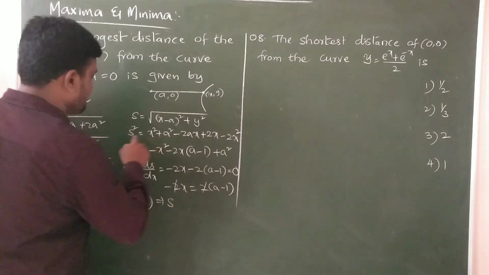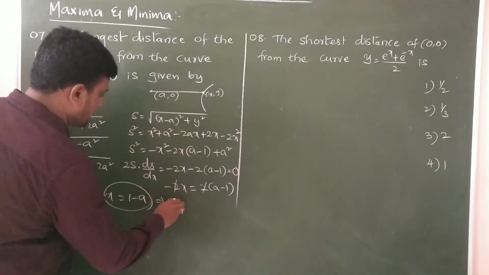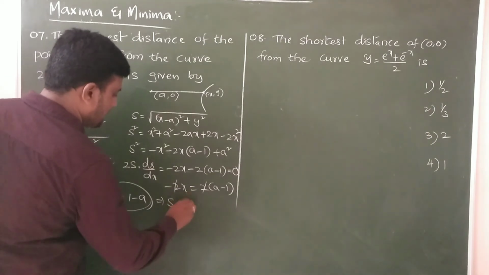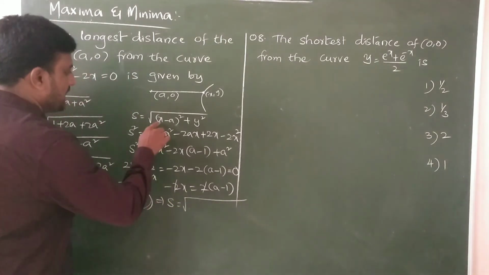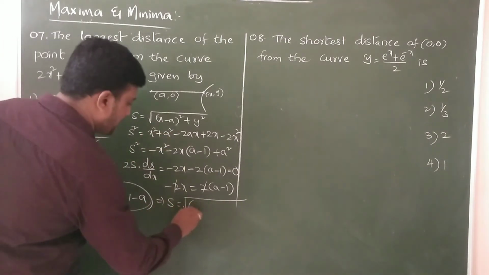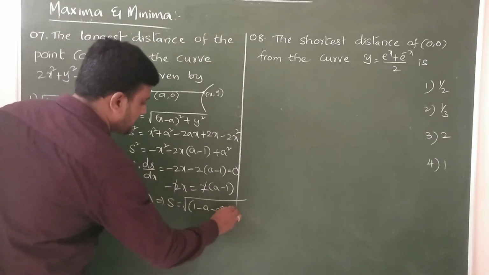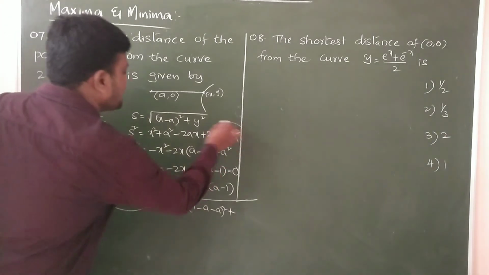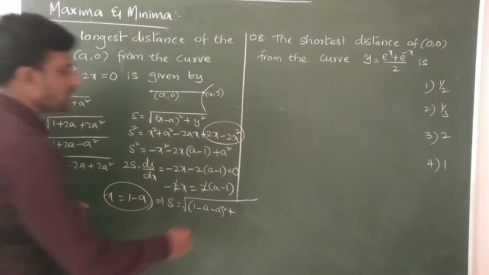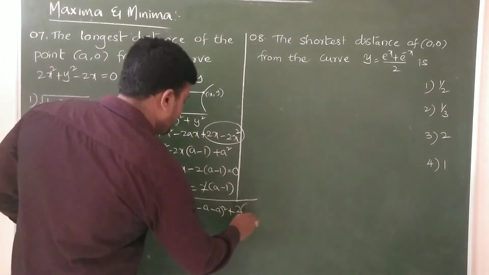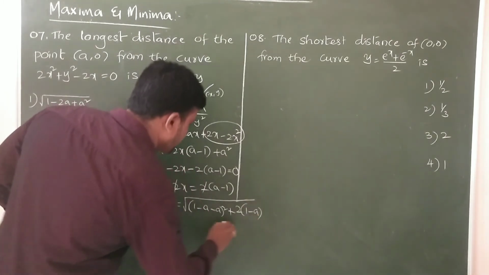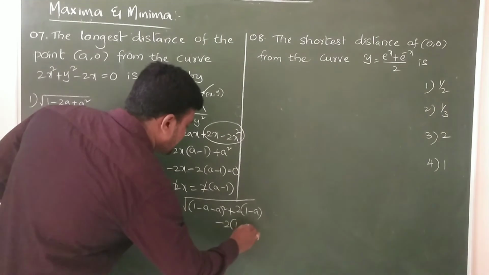First of all, we can substitute in this. S square equals this expression. S equals what? X equals 1 minus a, so 1 minus a whole square plus y square, where y square equals 2x minus 2x square, that is 2 into 1 minus a minus 2 into 1 minus a whole square.